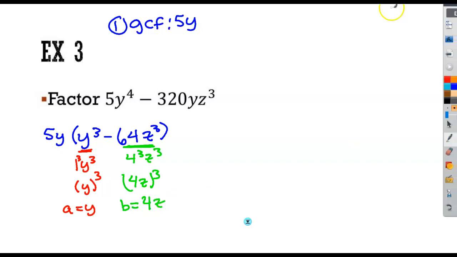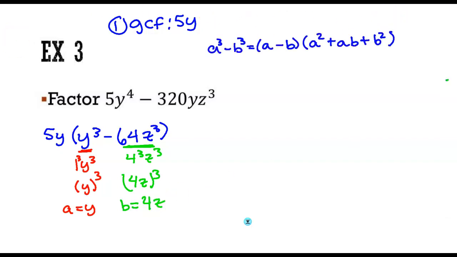So I'm going to write down the formula for a difference of squares. Okay, so this is the formula for a difference of cubes. I believe I said difference of squares just a second ago. So difference of cubes. I'm going to go ahead and plug in A and B into this equation here. So I'm going to just set it up.